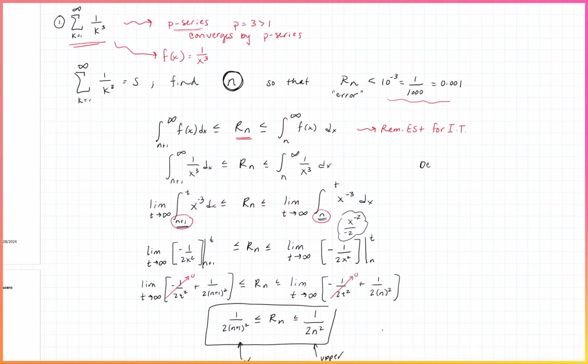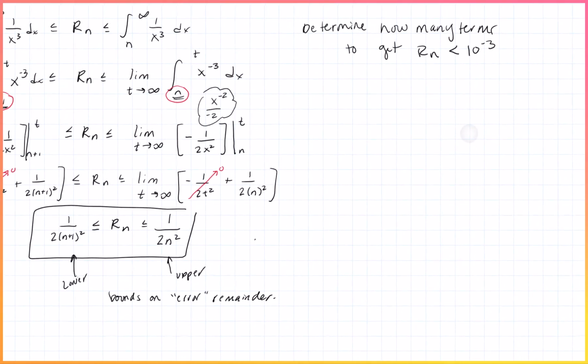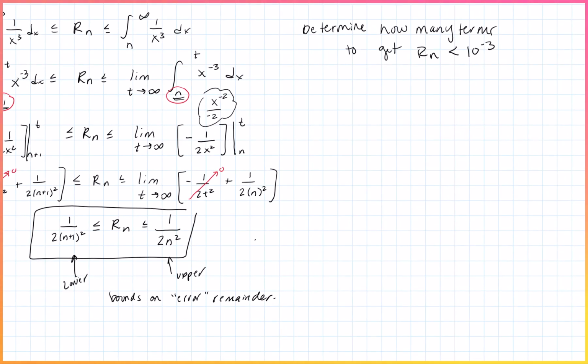Now let's talk about determining how many terms to get r sub n to be less than 10 to the -3rd. So now let's use our remainder estimate. We know what that's going to be, an upper bound. We want our upper bound to be less than 10 to the -3rd, or 1/1000, 0.001.